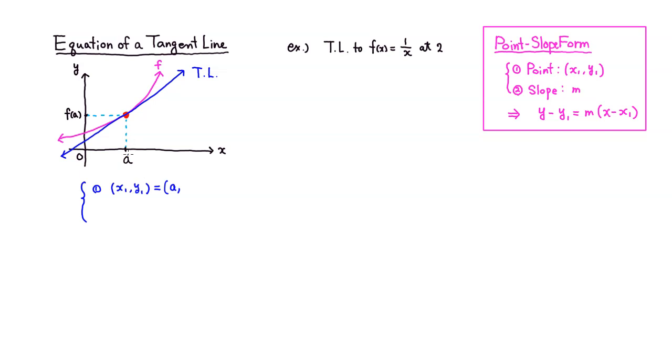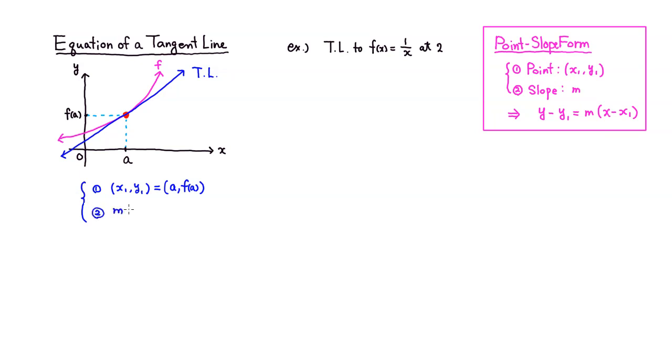The corresponding y value, y1, touches the graph, so if you plug in a for x, you get f of a. So f of a is its y coordinate. We've got x1 and y1, and now we want to find the slope m.